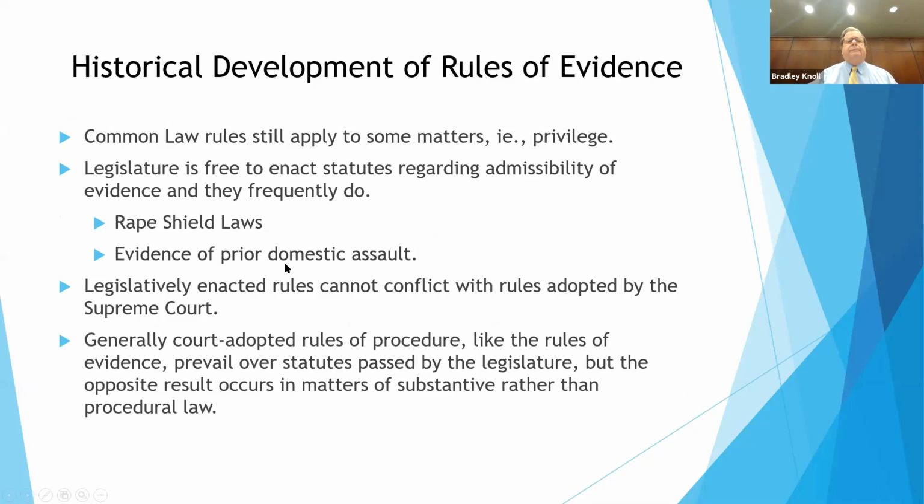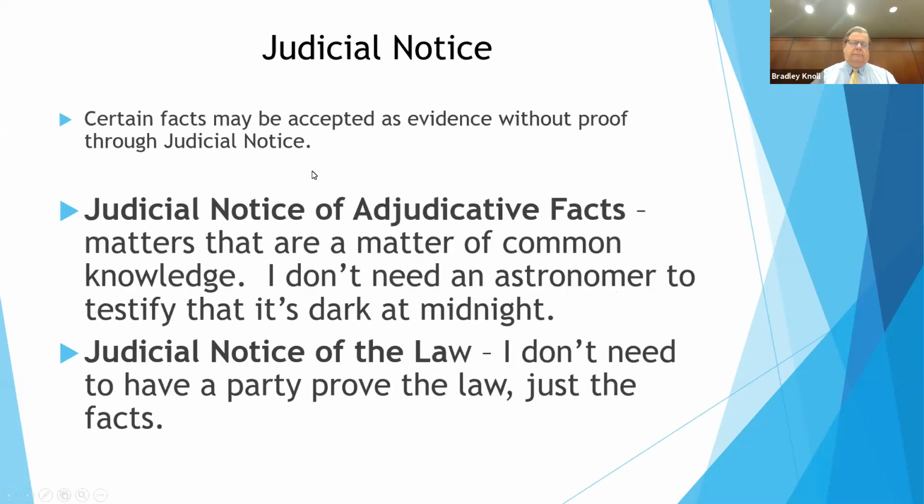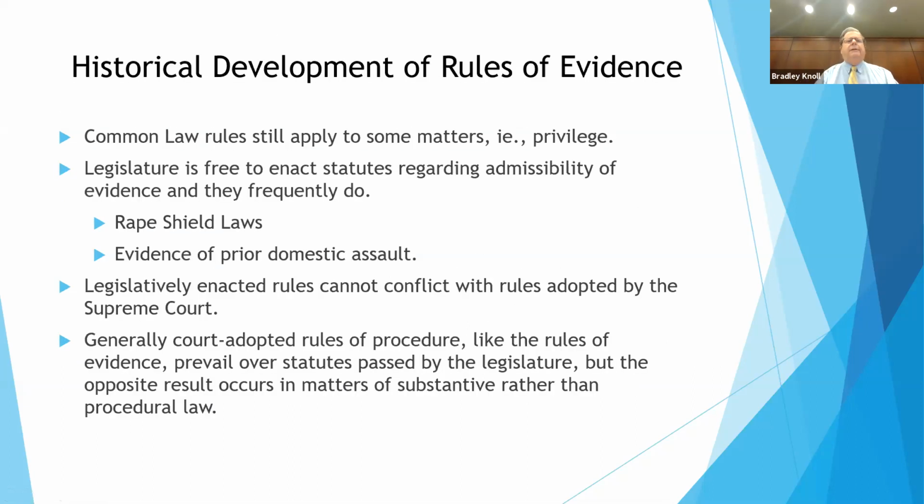So some examples of legislative enactments that involve the rules of evidence are so-called rape shield laws, where the past sexual history of a rape victim is not admissible in evidence unless it involves activity with the defendant or other very limited circumstances.